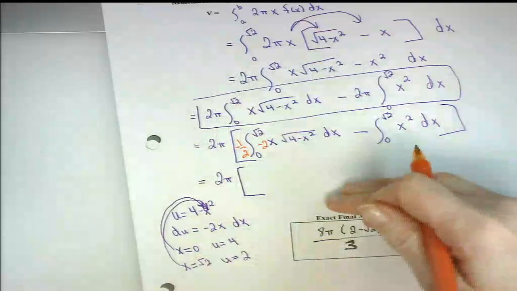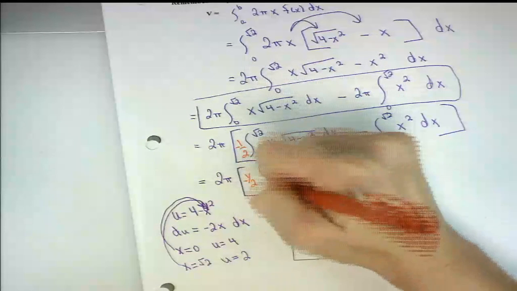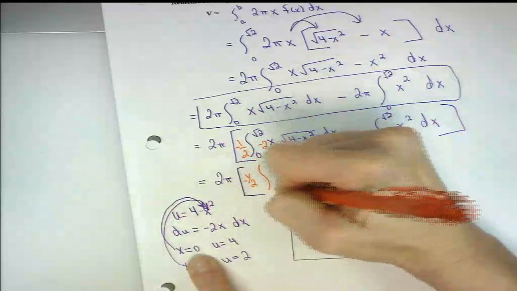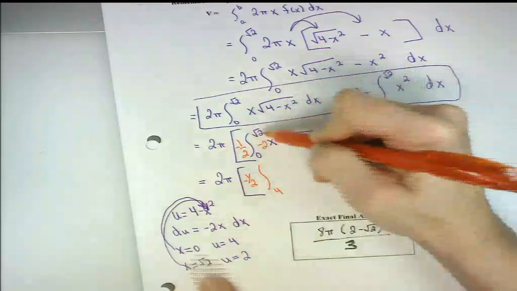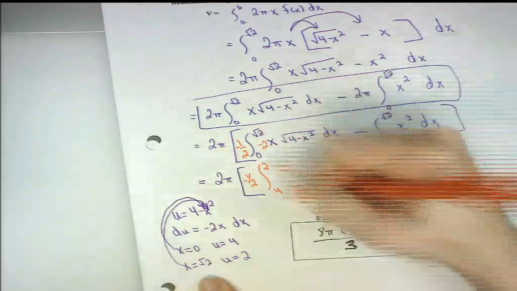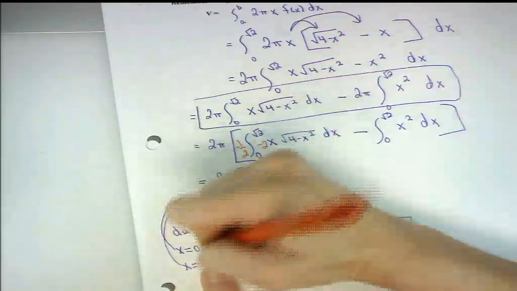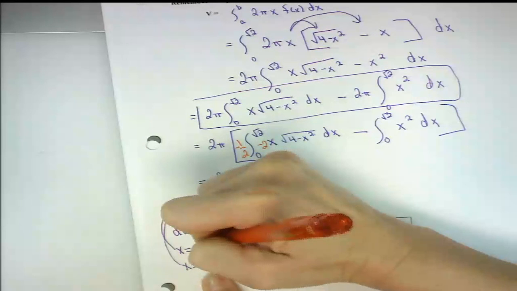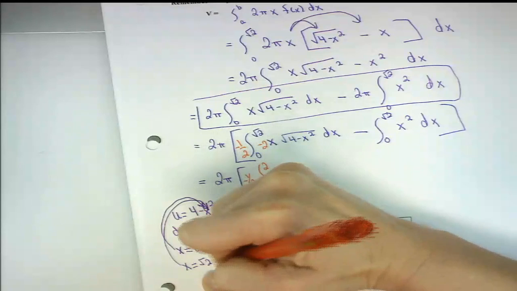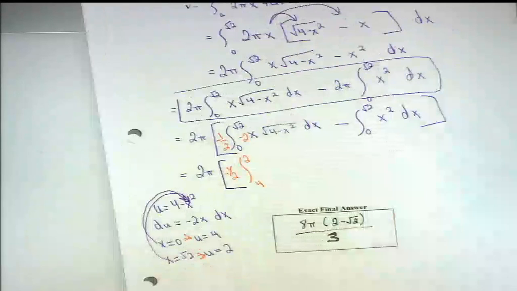so that when I come down to this point, I can be in terms of u. So negative 1/2 in place of 0. U is 2.